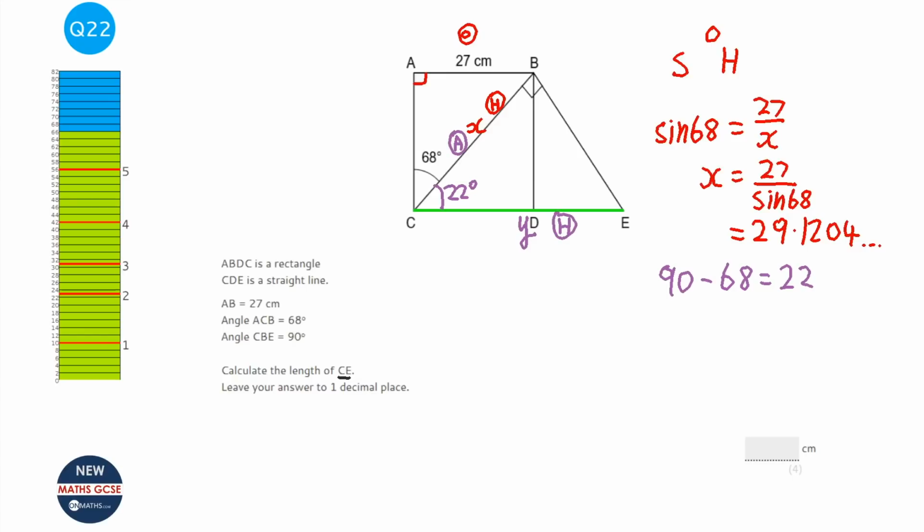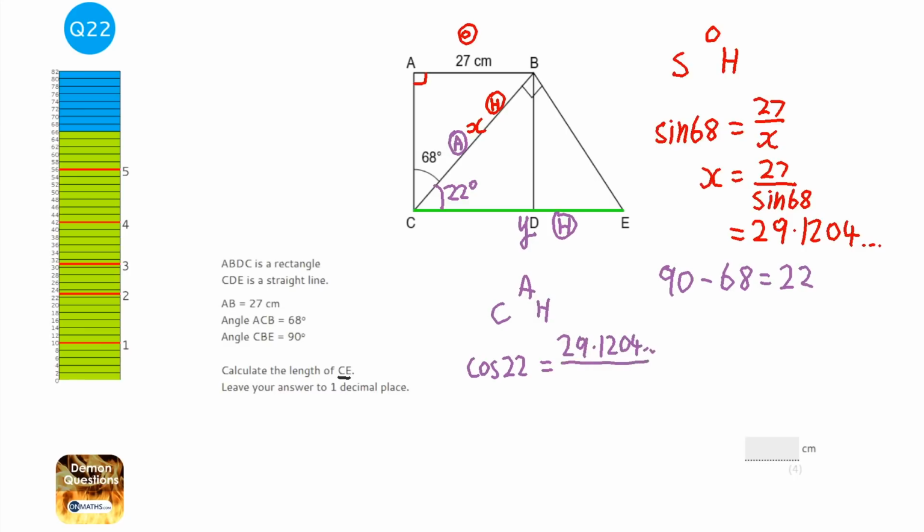So this time I'm going to be using cos. So it's CAH. So cos 22 equals my 29.1204 and so on over y. So again, I'm going to times both sides by y and divide both sides by cos 22.